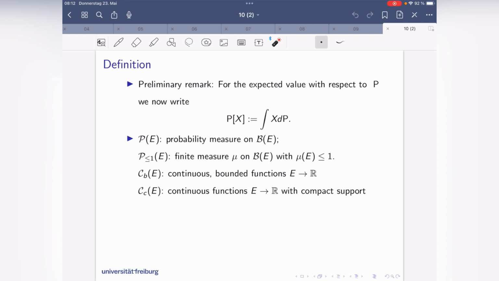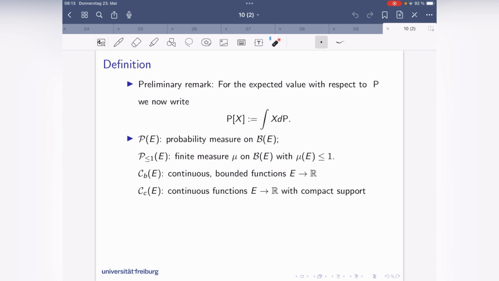And for this reason, because we also have to integrate against them, we will use the notation P[X] is the integral of X dP. So that's the expectation with respect to P. We do not write E for expectation, but we write P for expectation, because we will have many probability measures.